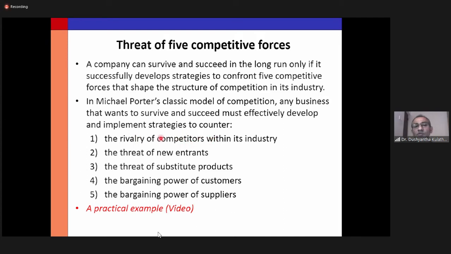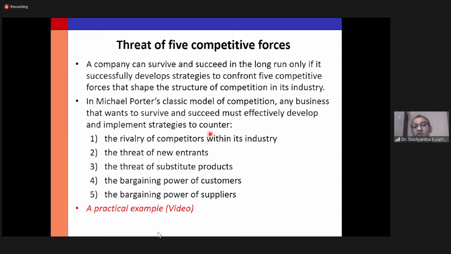If you take Sri Lanka, in relation to, say, the railway industry, there is no competition because it's a government monopoly. And if it is water distribution, there is a government monopoly, so therefore there is no competition.